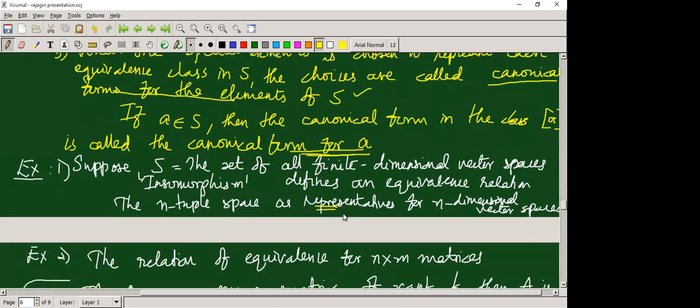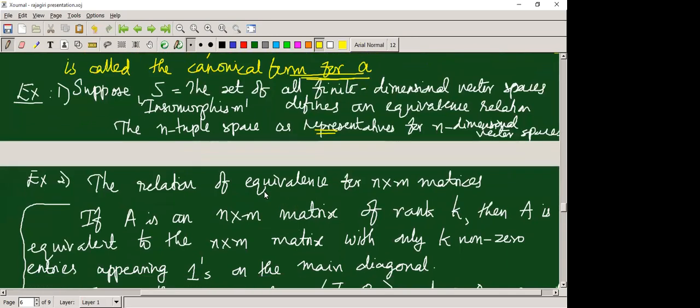The second thing, we have seen that the relation of equivalence is also an equivalence relation. There are two equivalences here. This equivalence is: two matrices are equivalent if B is equal to Q inverse AP.